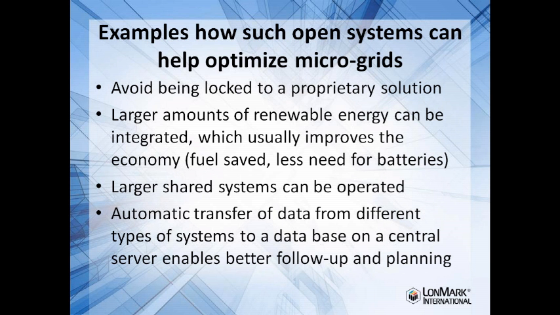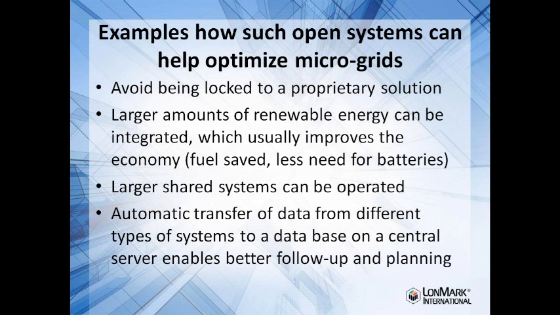So now the presentation is soon coming to an end here, and if you have not already understood all of this, I wanted to point out these examples of how such open systems can help optimize microgrids. The first one is avoid being locked to a proprietary solution.